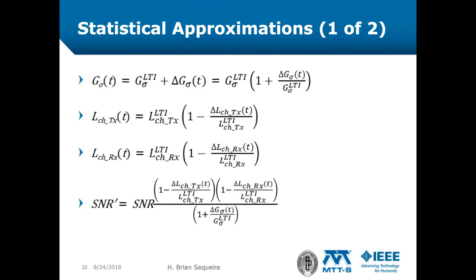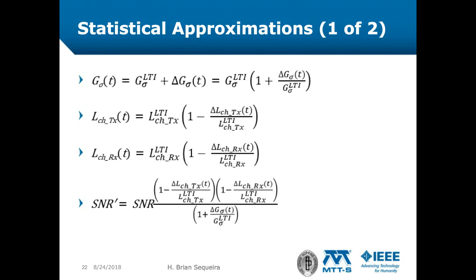Extension of this to a case where some of the factors that multiply E sub tx over E sub n are time-varying may be implemented by expressing each of them as a sum of a time-invariant component and a time-varying component as shown. We then absorb all of the time-varying portions into a modified SNR that we call SNR prime.